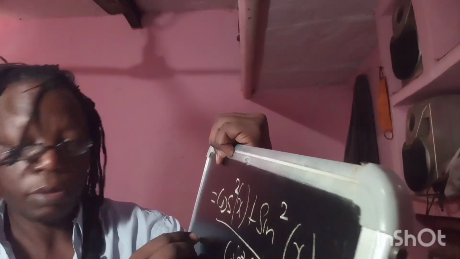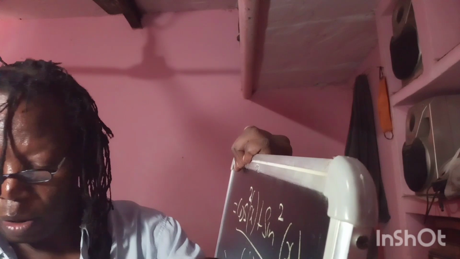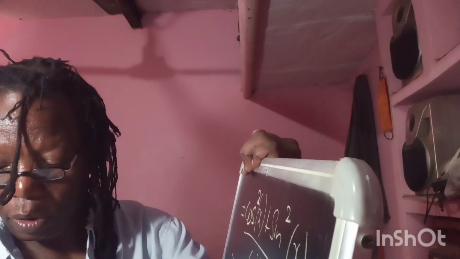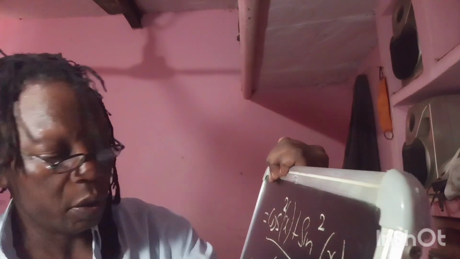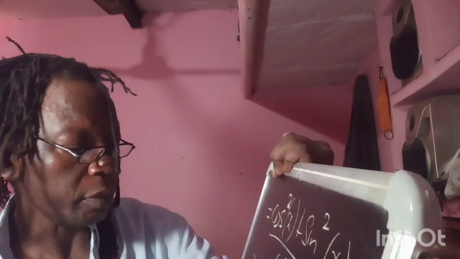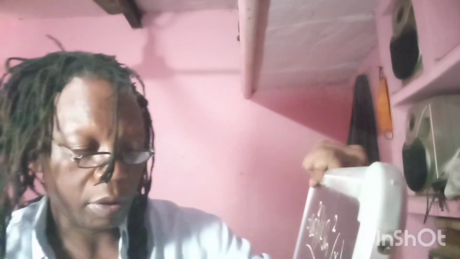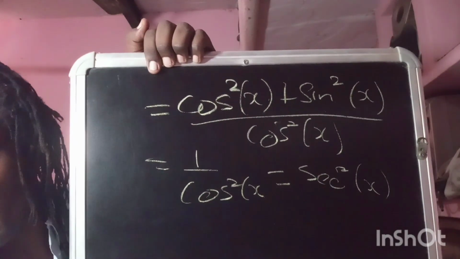So this will be equal to 1 over cosine squared x, which equals secant squared x, to give you something like that.